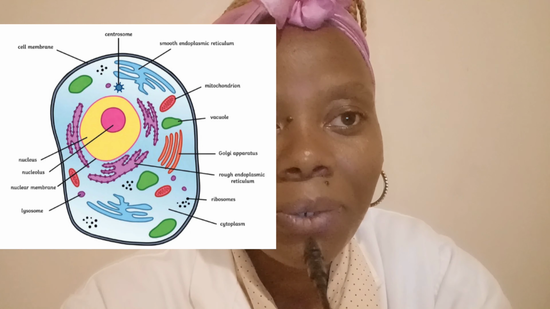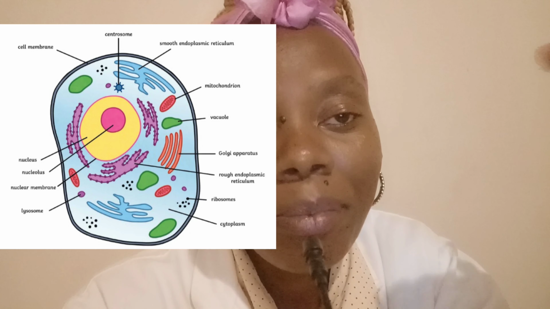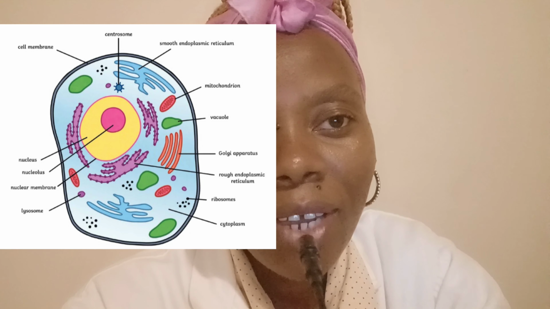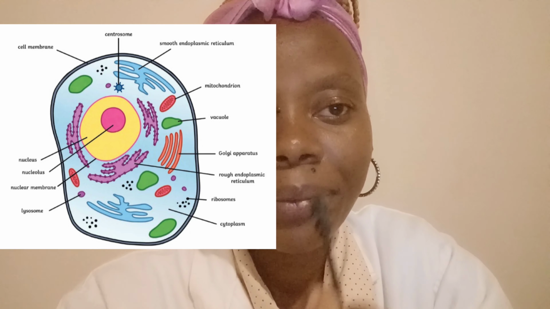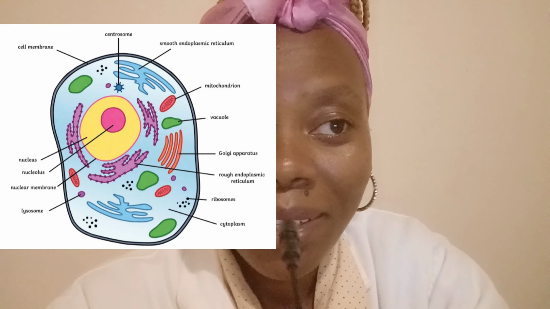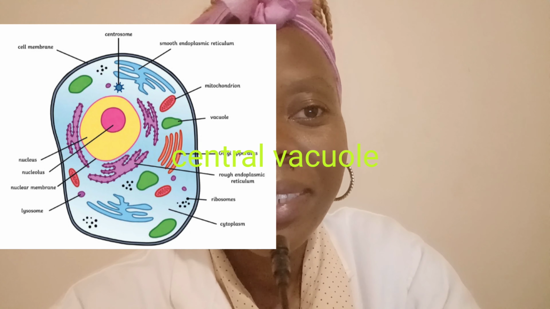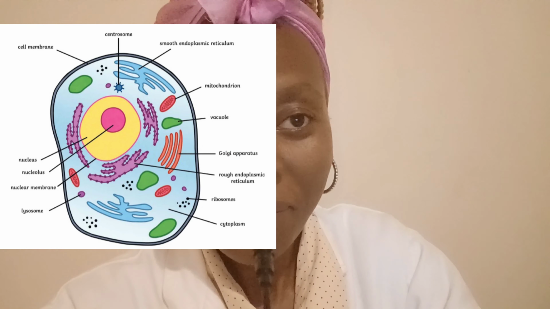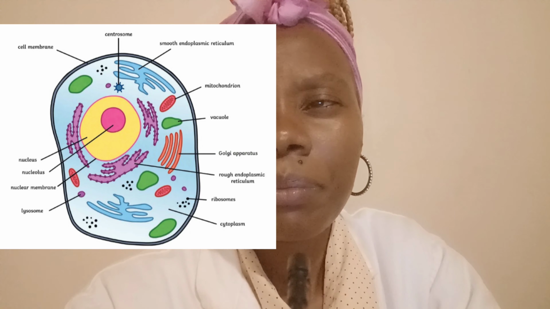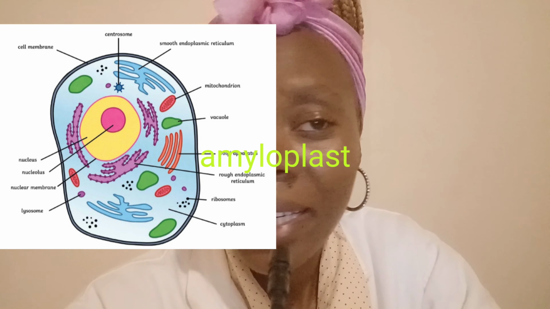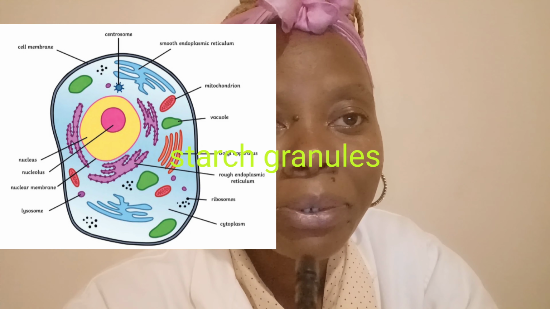All right, so in plant cells you are likely to find the following organelles, and they are not in animal cells: chloroplasts, central vacuole, cell wall, as we said, plasmodesmata, tonoplasts, amyloplasts, thylakoids, starch granules.